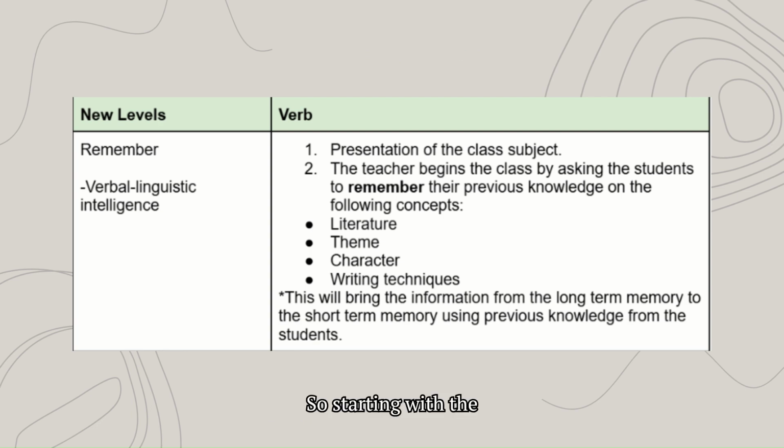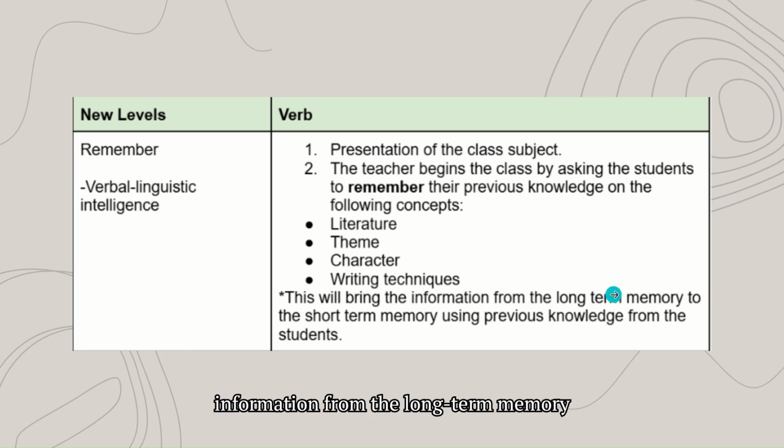Starting with the lesson plan, in the first level, we have remember. Number 1 is the presentation of the class or subject. Number 2, the teacher begins the class by asking the students to remember their previous knowledge on the following concepts: literature, theme, character, and writing techniques.